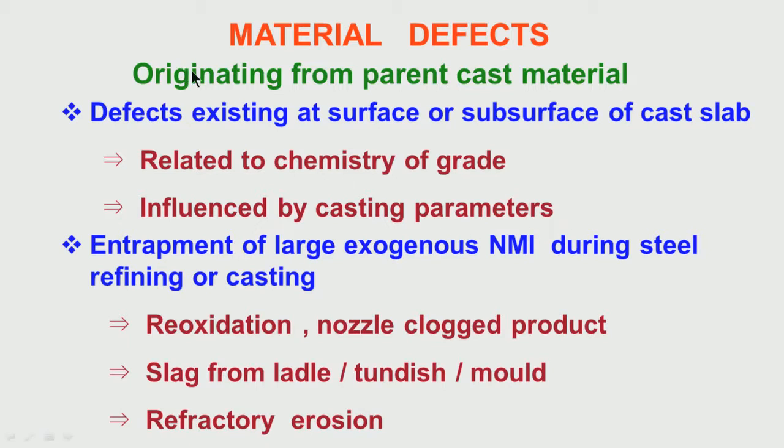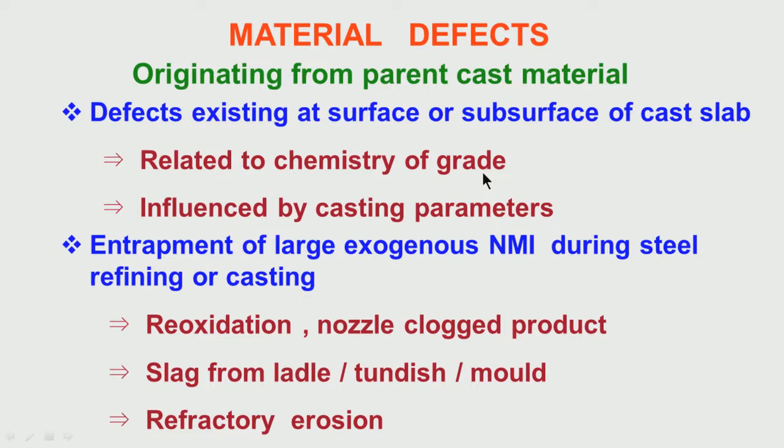Now, again I am telling you, this course is related to material defects and not processing defects. They are basically originating in principle from the parent cast material. So, defects existing either at the surface or subsurface of the cast product, whether slab, bloom or billet, might be related to the chemistry of the grade, that means their location and their formation.